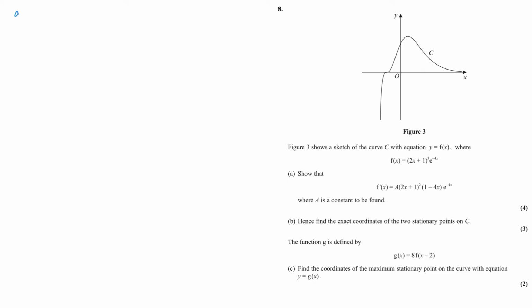Okay, part A. So we've got to differentiate, and it is our product rule. So u is (2x plus 1) cubed, v is e to the minus 4x. So du by dx is 3 (2x plus 1) squared times by 2, or 6 (2x plus 1) squared.